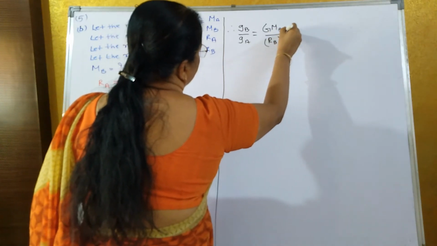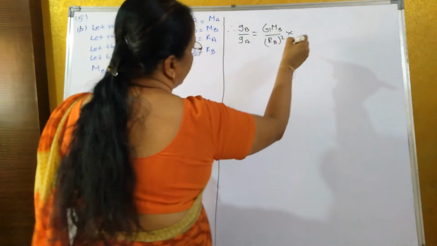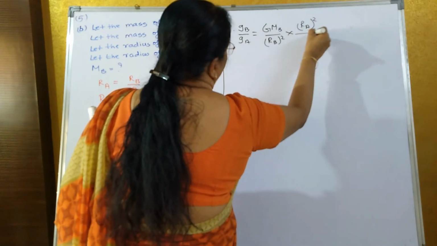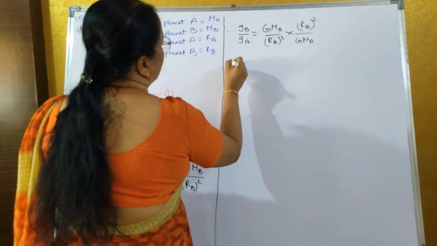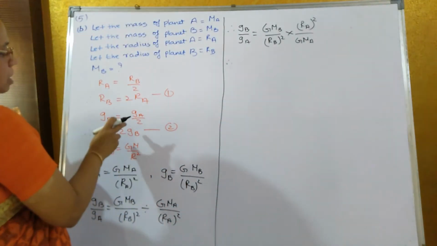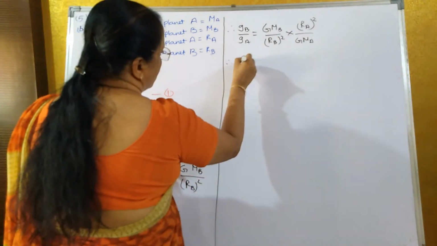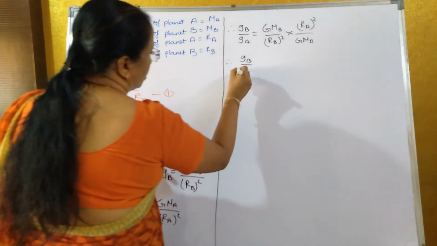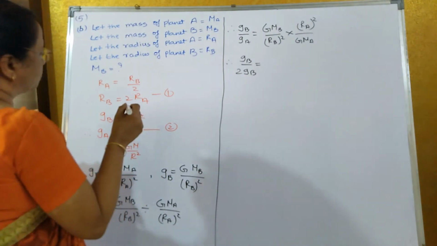Instead of division, we will put multiplication and take the inverse of this, that is RA the whole square upon GMA. Now put the values. Now GA is equal to twice GB. So GB upon, instead of GA, what I'll write? Twice GB.